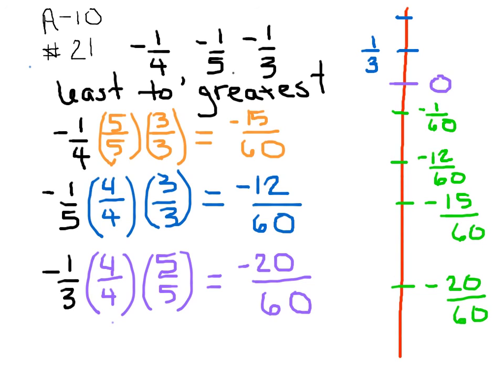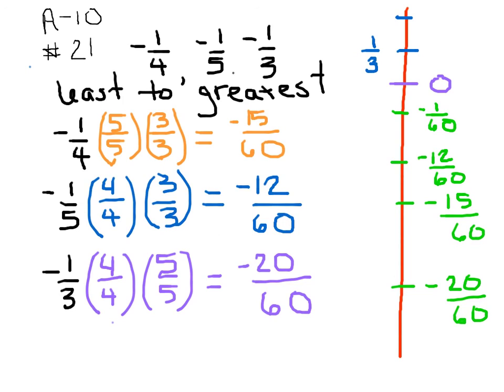So I know my negative 12 over 60 is the greatest of the 3 numbers because it's above them all. So I'm going to look at the smallest one. Well, the smallest one here is negative 20 over 60.